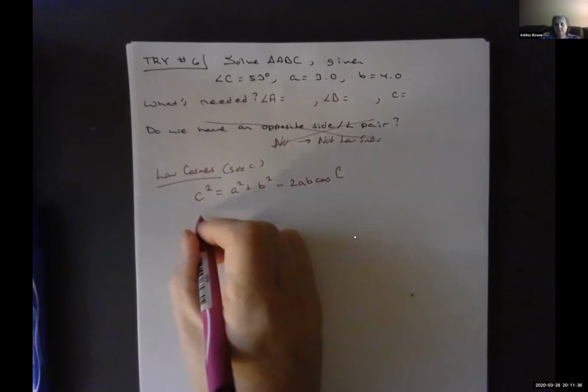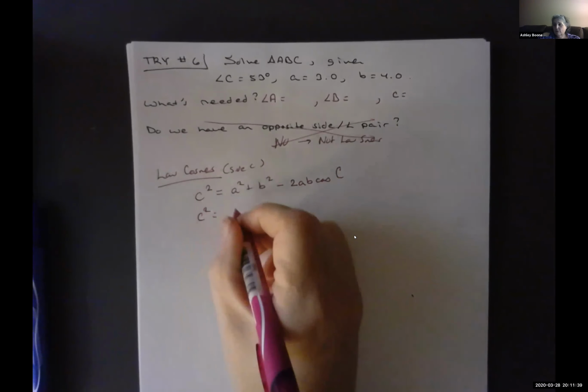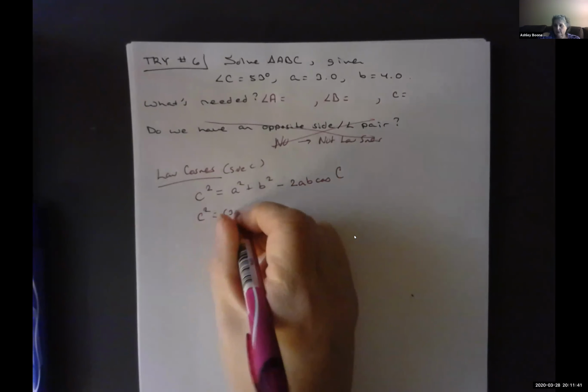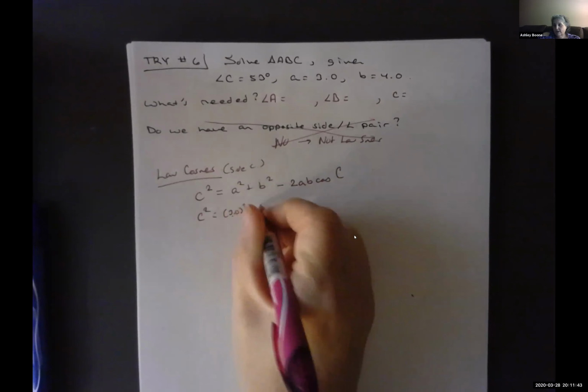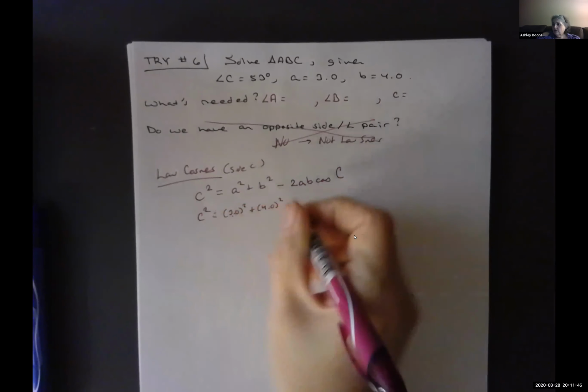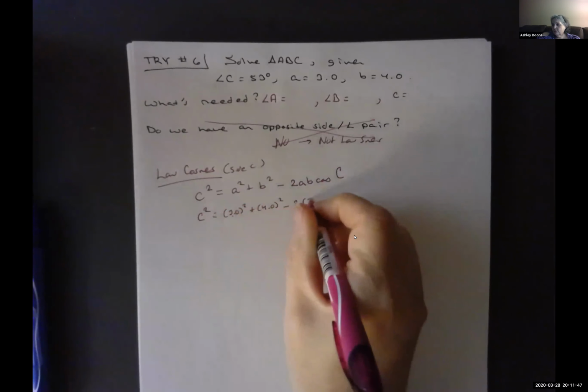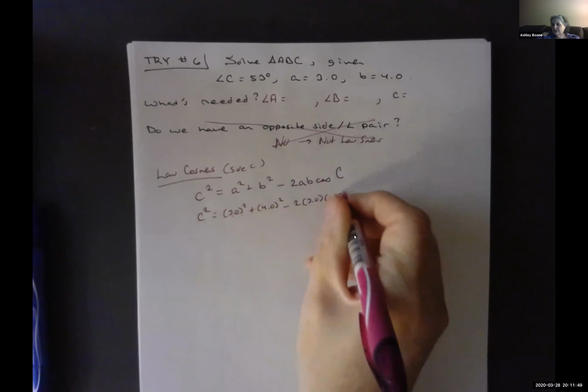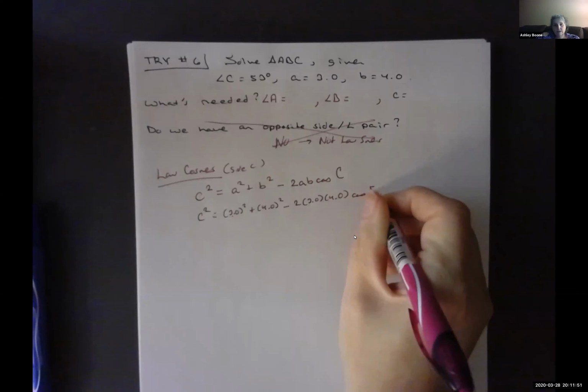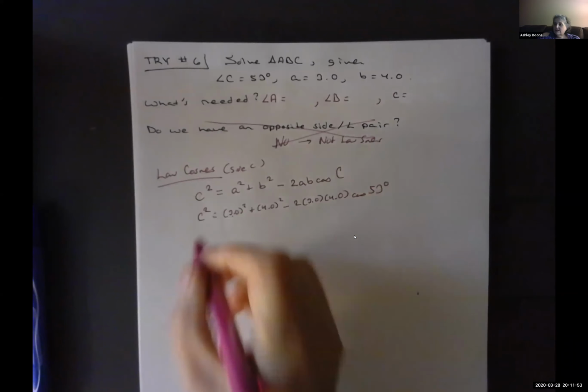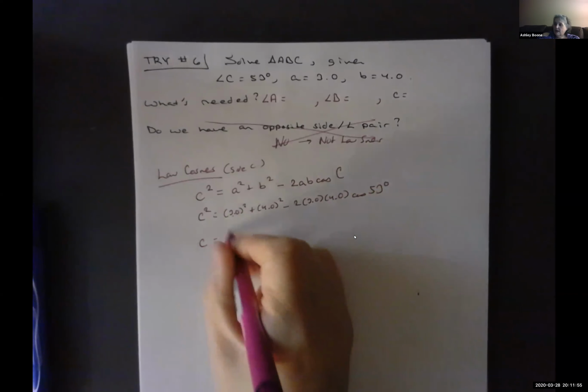So for this problem, C squared is equal to 3.0 squared, or just 3 squared, plus 4.0 squared, or 4 squared, minus 2 times 3.0 times 4.0 times the cosine of C, which is 53 degrees. So C is going to be the square root of that whole mess.